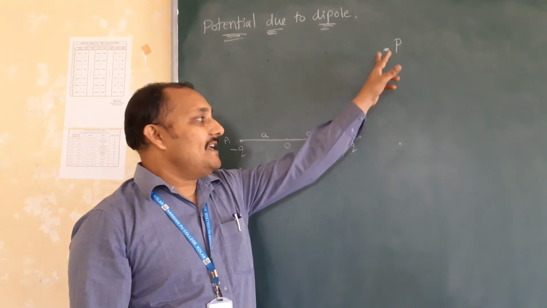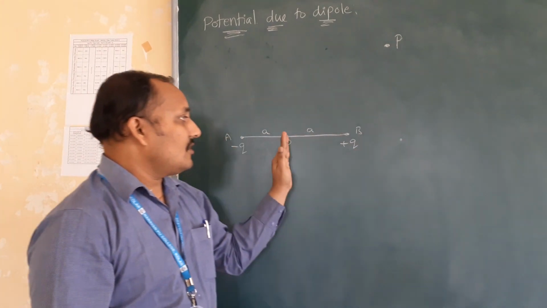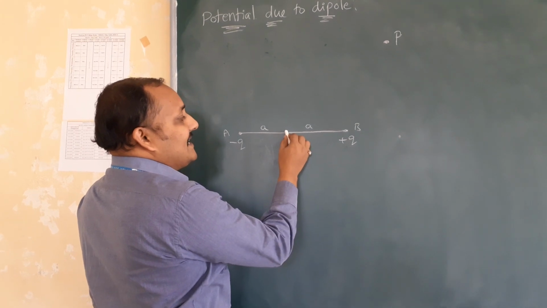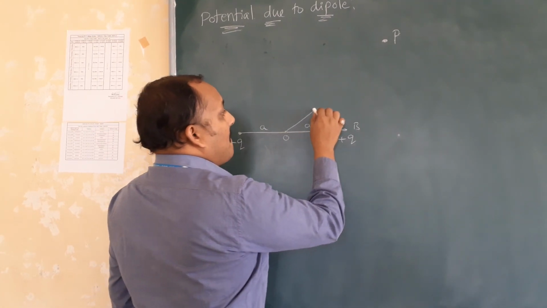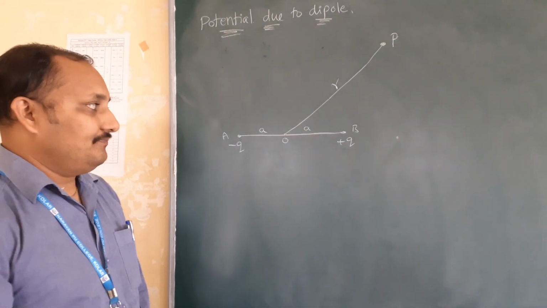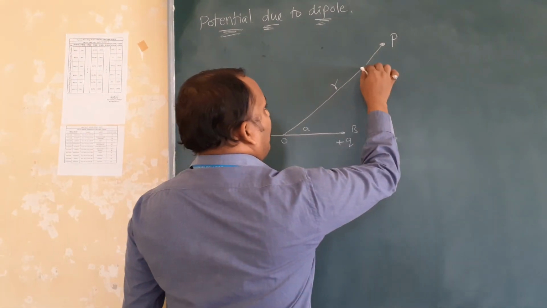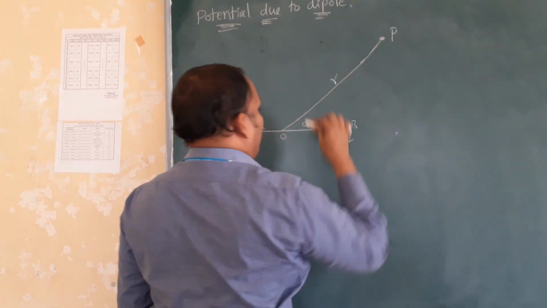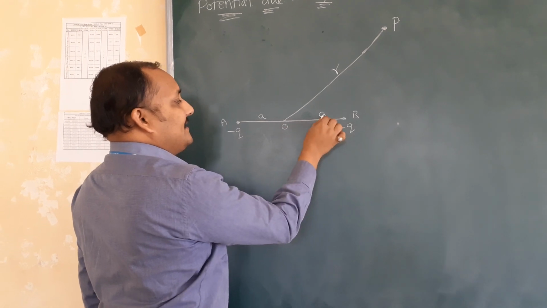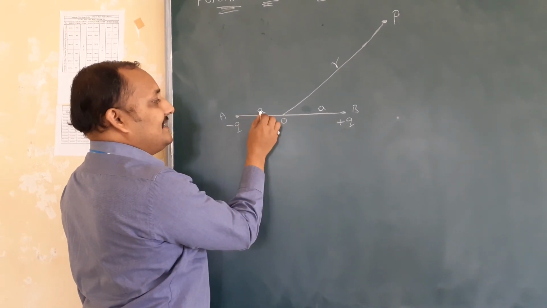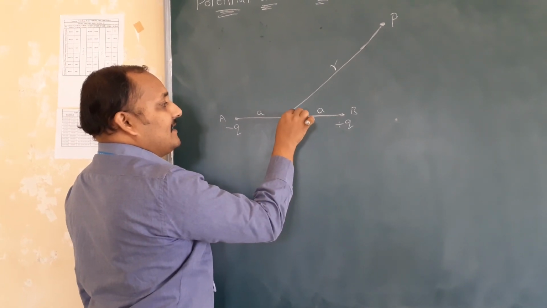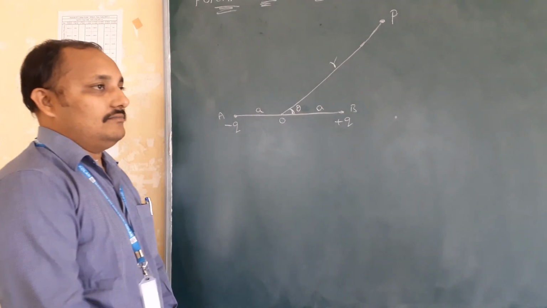This point P is neither on the axial line nor on the equatorial line. Let us assume its distance from the center of the dipole is r. O to B distance is a, A to O distance is a, so the total A to B distance is 2a. It makes some angle theta.